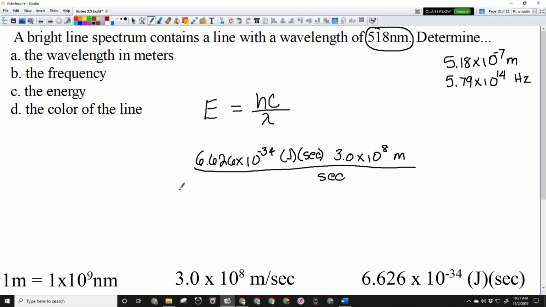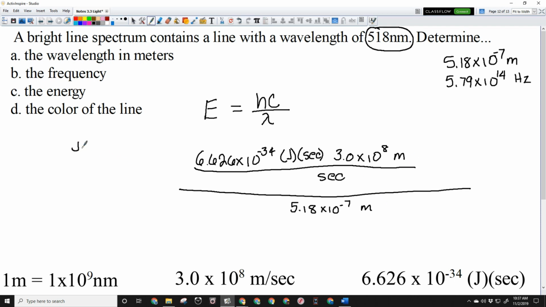Okay, and then we're going to divide all of this by the wavelength that we calculated. So that's going to be 5.18 times 10 to the negative 7th meters. Okay, so this is some pretty complicated algebra to get all of these units situated. So let's look at it.